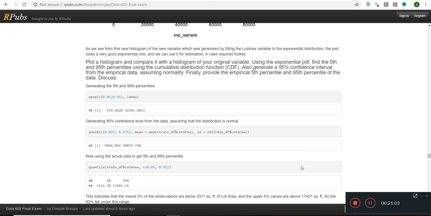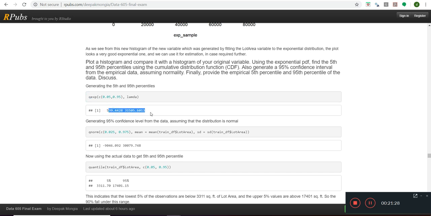Okay, moving forward. Plot a histogram and compare the histogram with the original value. Using the exponential PDF, find the 5th and 95th percentiles. So we are finding the 5th percentile and 95th percentile values using the qexp function and the same lambda.